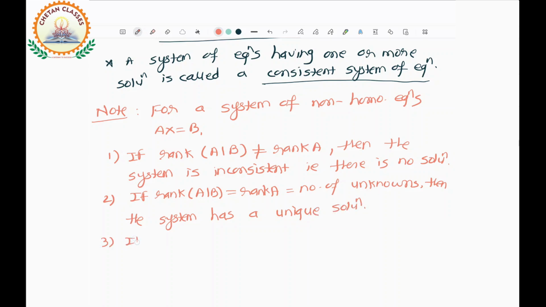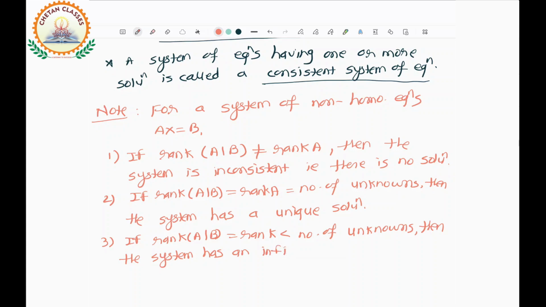And third, if rank of augmented matrix is equal to rank A but it is less than number of unknowns, then the system has an infinite number of solutions.